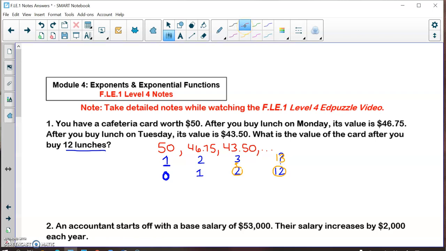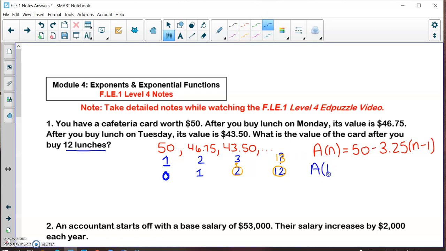So in my explicit formula, which was, let me remind you, A of n is equal to 50 minus 3.25 times n minus 1, we want to put 13 in for n.